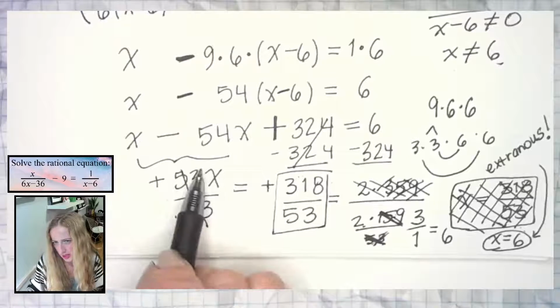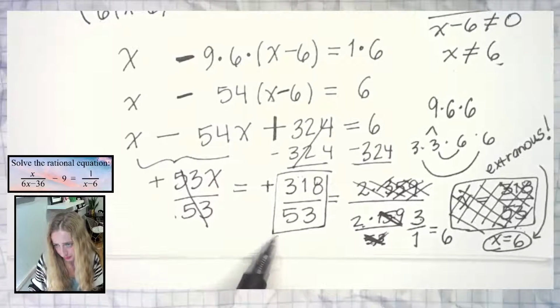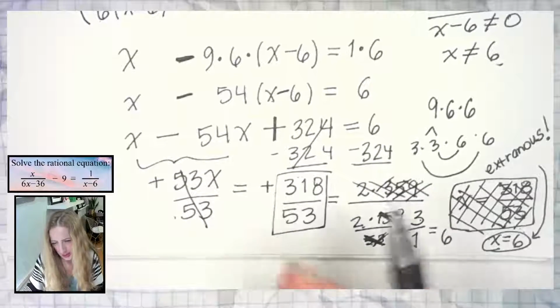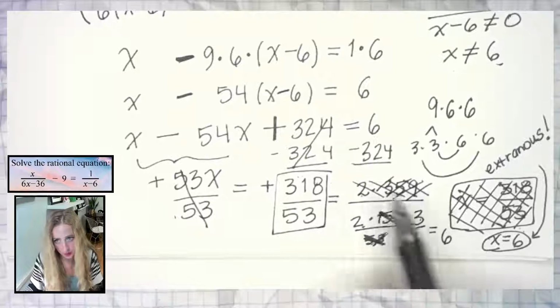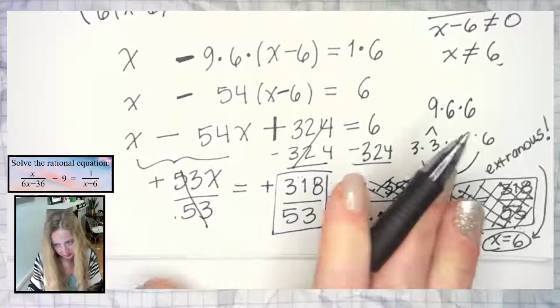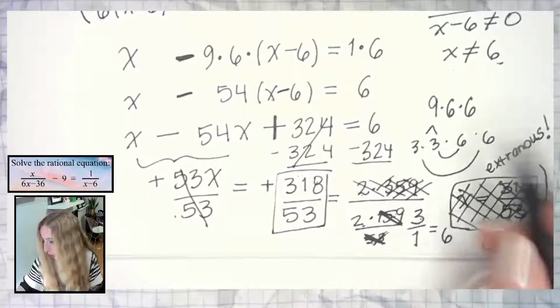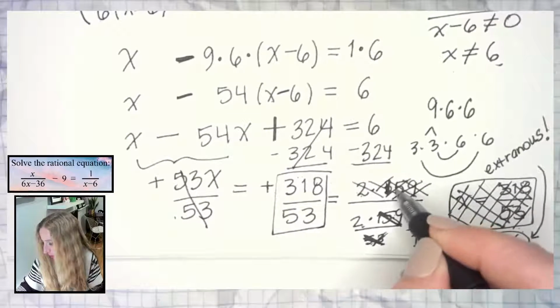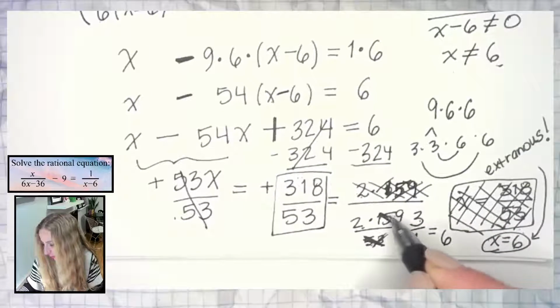We made it up to here, 53x equals 318. We divided by 53. We started to break down the numbers a bit. We said, all right, well, 318 is even. It's 2 times what? Half of 300 is 150. Half of 18 is 9. So it's really 2 and 159. Then on bottom, I had a 53, right?